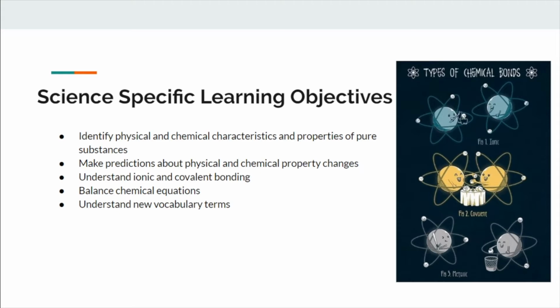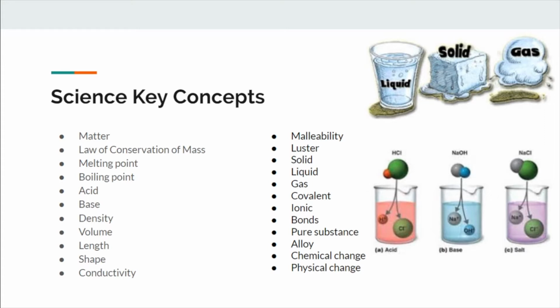The students will also build upon their physical science vocabulary bank with many new words and concepts. Many of these words and concepts are listed here. In addition to the terms and concepts already mentioned, the students will be able to explore melting and boiling points of substances.